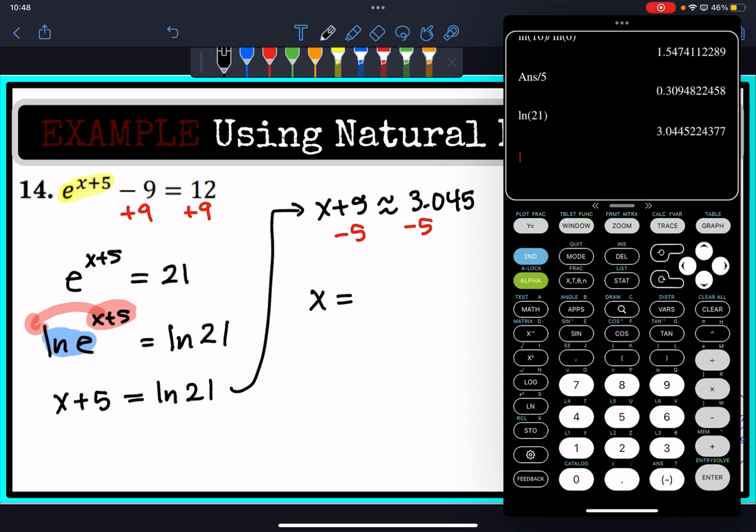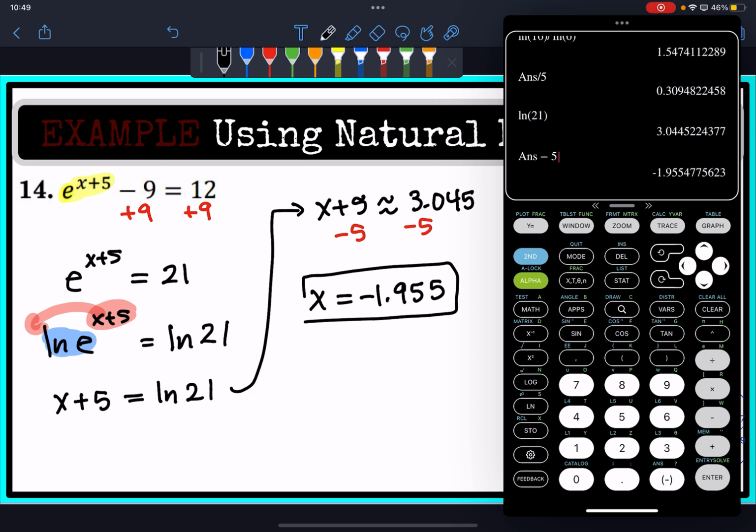So I'm just going to simply subtract my answer by 5. Instead of typing in the number, I already have my answer there on my calculator screen, and we end up with negative 1.955. And there's your answer.